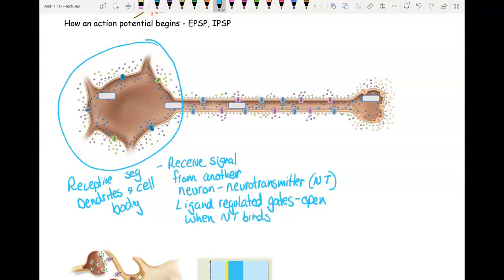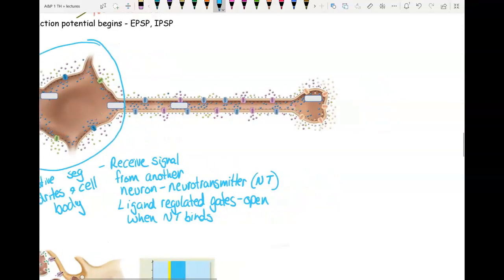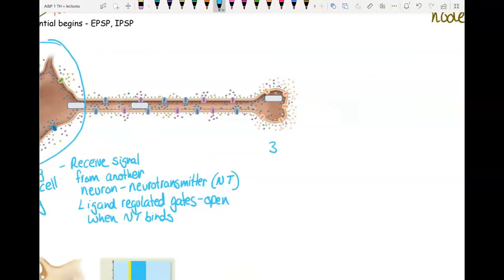If you also recall from that first picture of the neuron that we labeled, you have 3 sets of gates here. We have the sodium gate, and it lets sodium in, and when sodium comes in, you raise voltage.